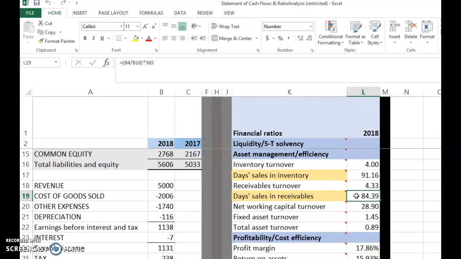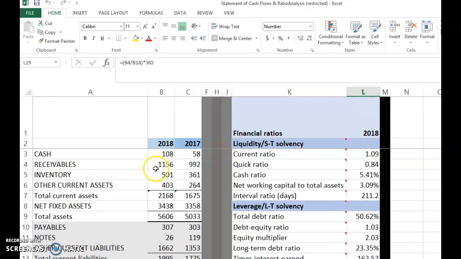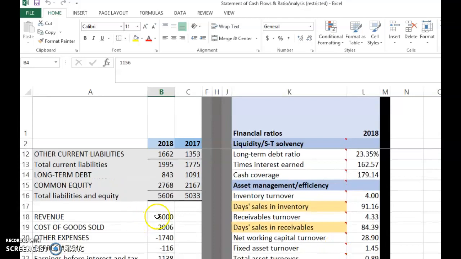Or what you can do is, you take receivables from the balance sheet for the year 2018, which is 1156. Then you divide this by 5,000, which is the revenue, sales for the year. Then you multiply that with 365, so you get this value, 84.39.